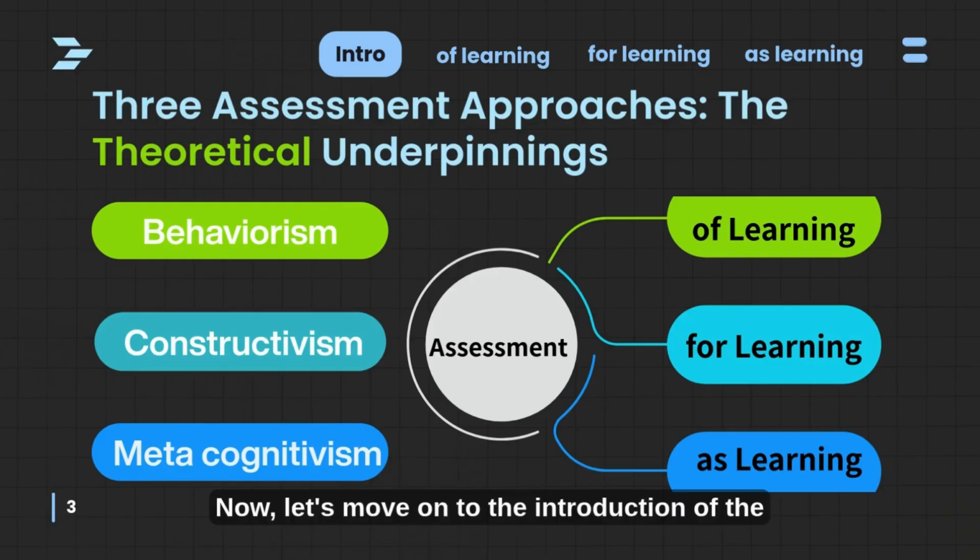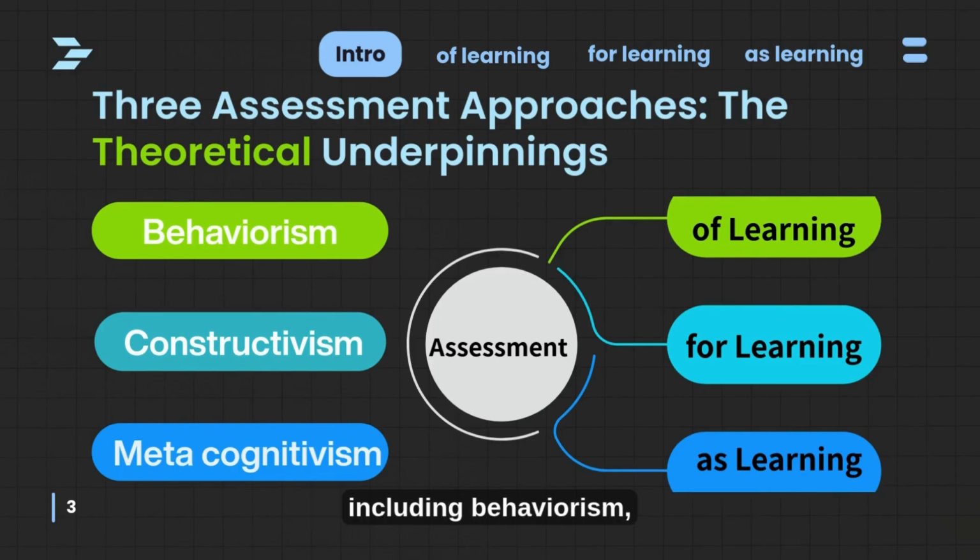Now let's move on to the introduction of the theoretical underpinnings of assessment, including behaviorism, constructivism, and metacognitivism. Behaviorism emphasizes observable outcomes and reinforcement, seeing learning as behavior shaped by conditioning and repetition.